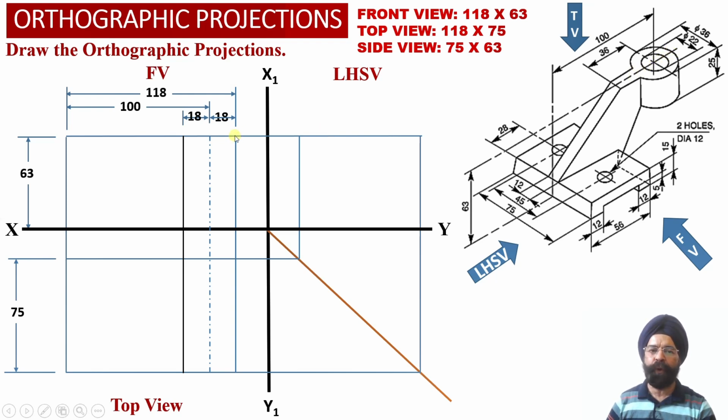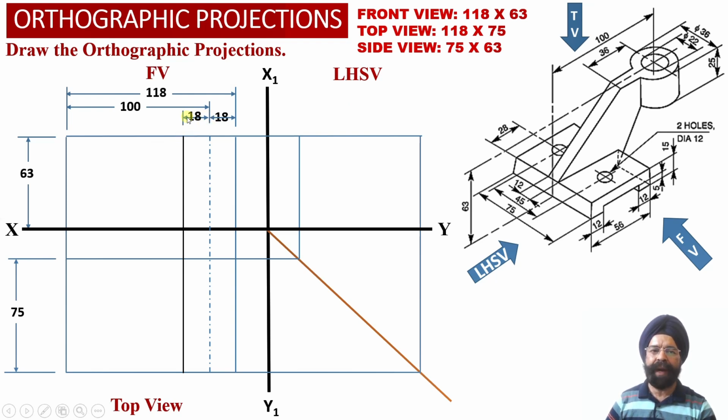So now this end point we had already defined. It is lying onto the right hand side face of the solid. So now from this center point we have taken an offset of 18 millimeter onto the left hand side, so that this point corresponding to this diameter of the outer cylinder can be obtained into the front view projection.